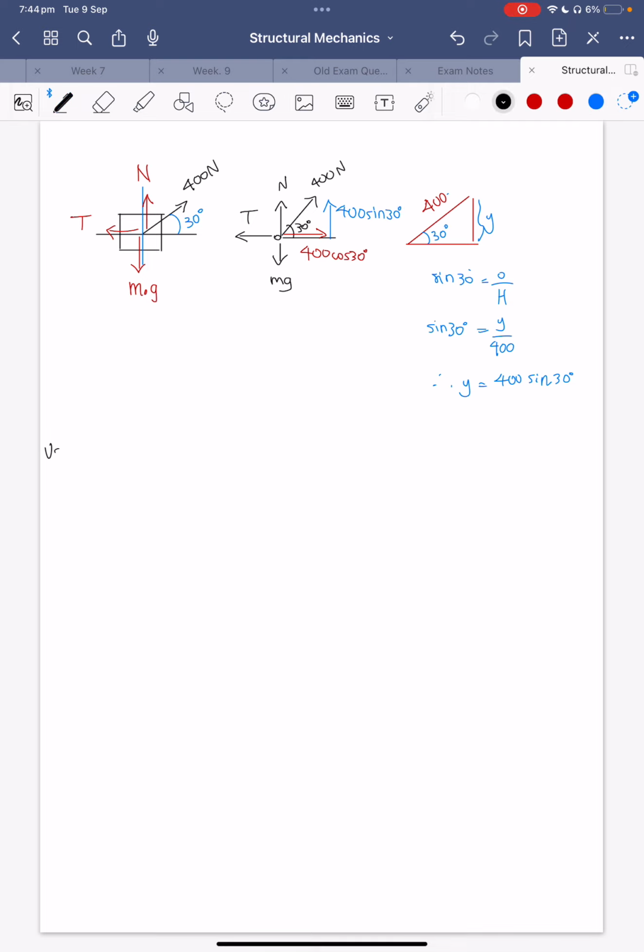Okay. Using the static equilibrium assumption, my sigma F of x is equal to 0, which means, and then I write down the assumptions that if you go to the right side, it's positive.